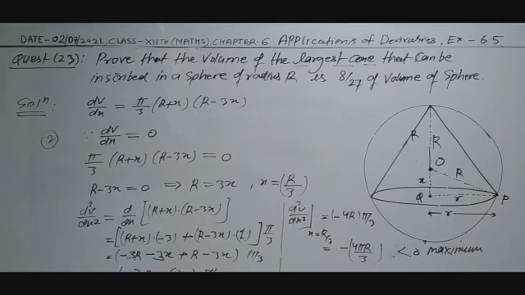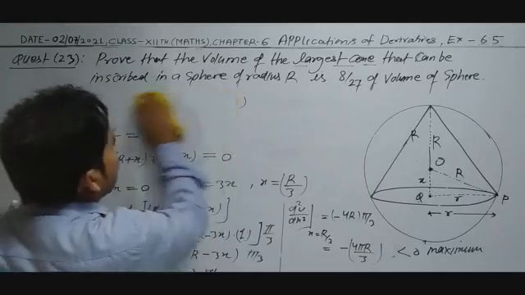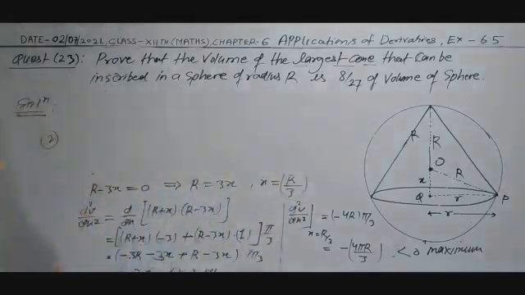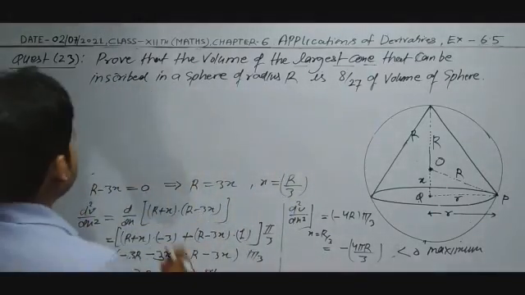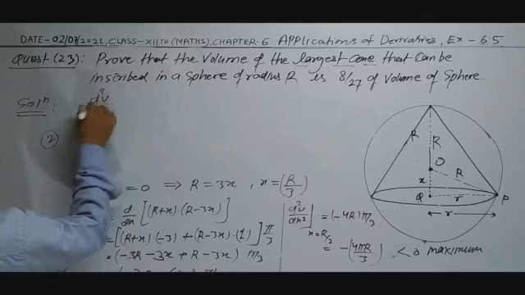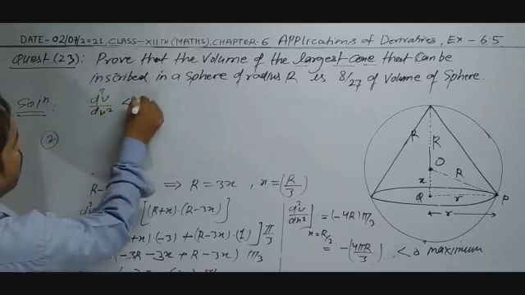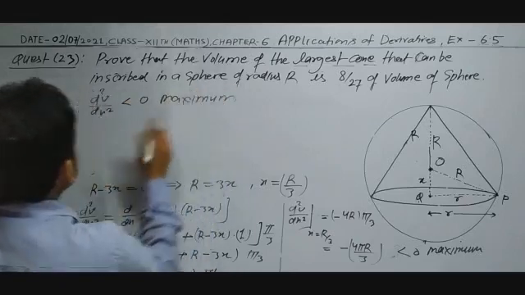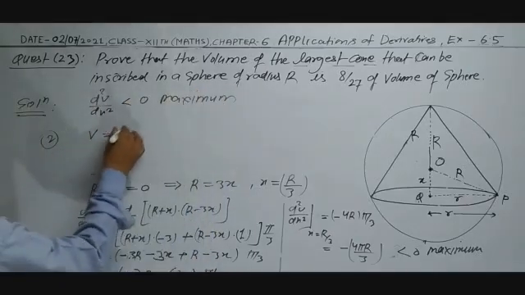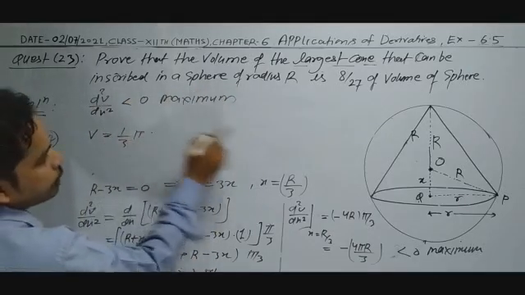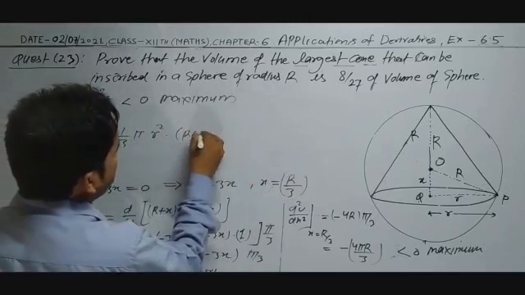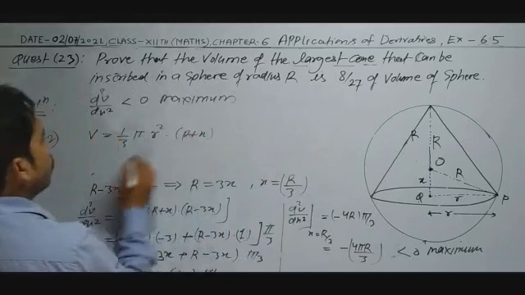Now say d2v by dx2 is less than 0, that is maximum, and v is equal to 1 by 3 pi r square h. The result is r plus x, you know, the overall height.